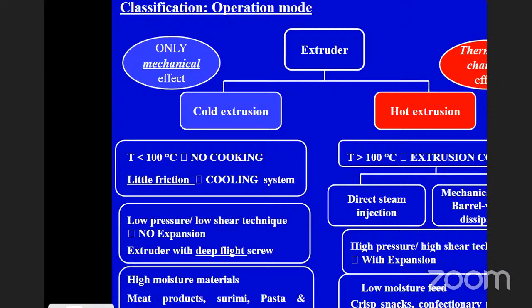The cooking temperature applied in this technique is more than 100 degrees. In this process, high pressure and high shearing are created. So extrusion cooking could be defined as a thermomechanical technique as a result of combined effects of heating and shearing, allowing the swelling or expansion of food material.